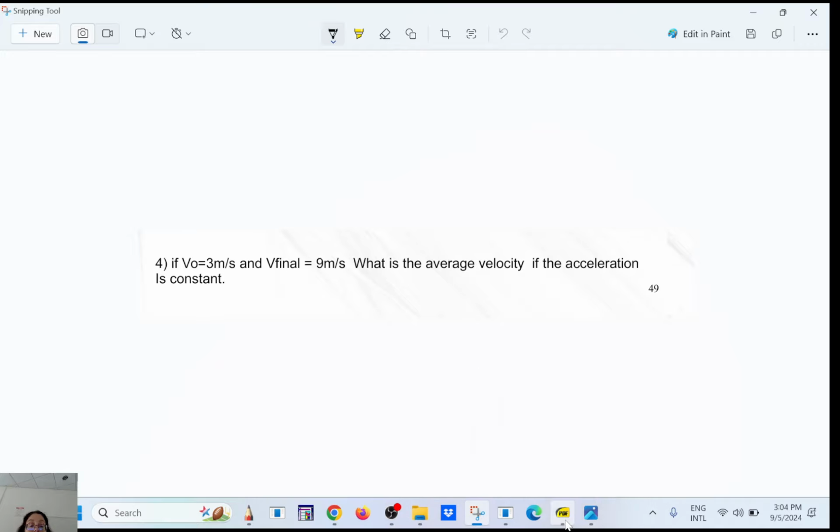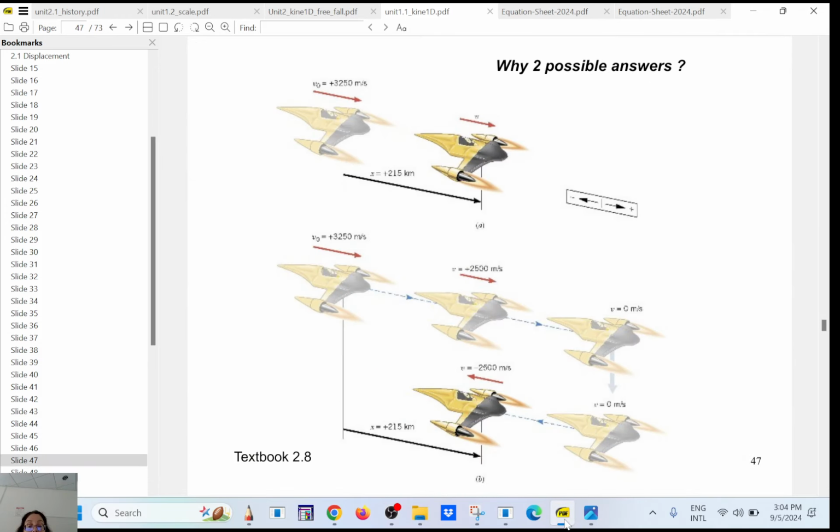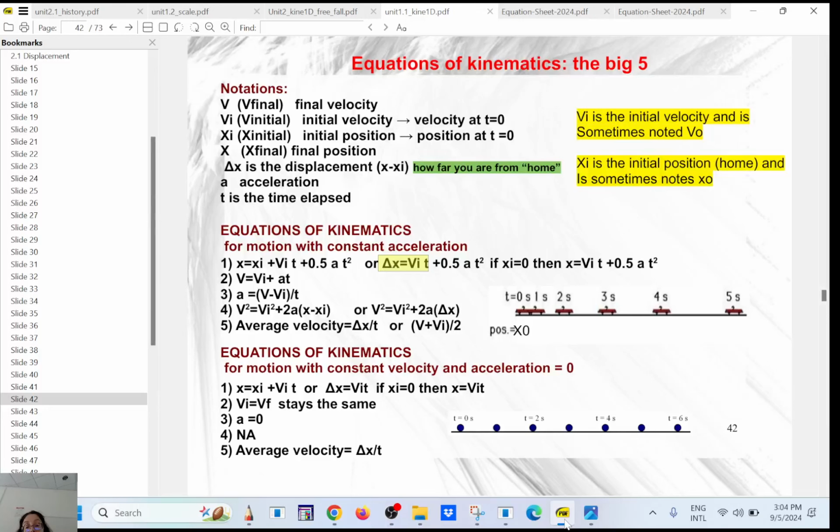So if you go back to my slide, you see, for the average velocity, when you have a constant acceleration, the average velocity is displacement over time, or it could be also initial plus final divided by 2. Okay, so you have two equations for the average velocity.